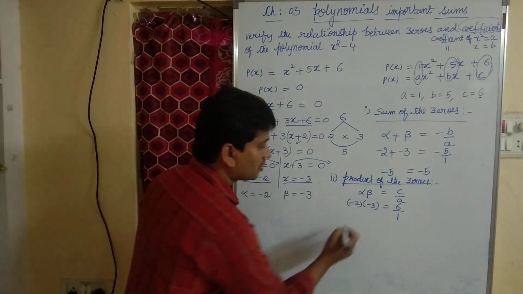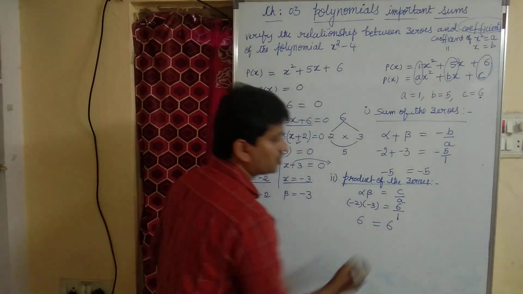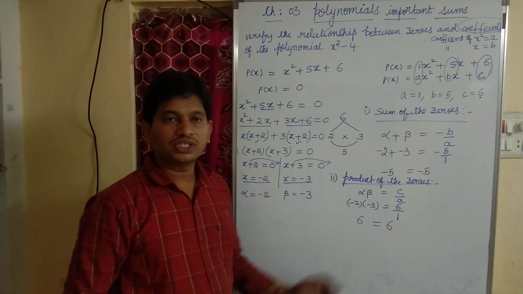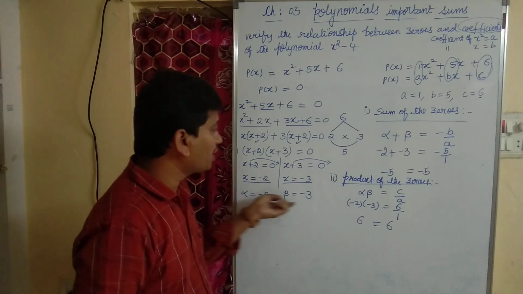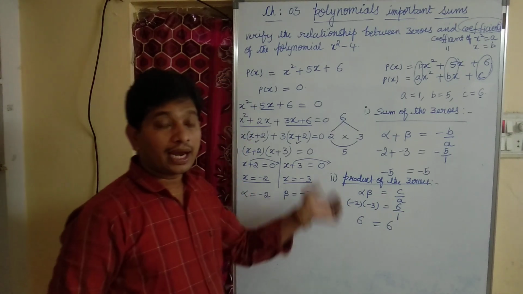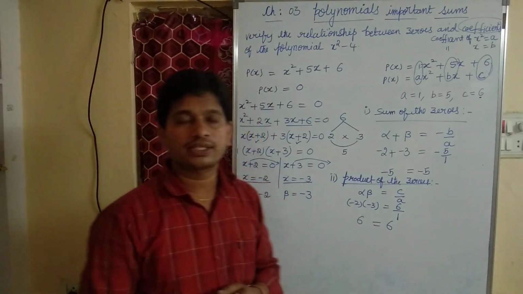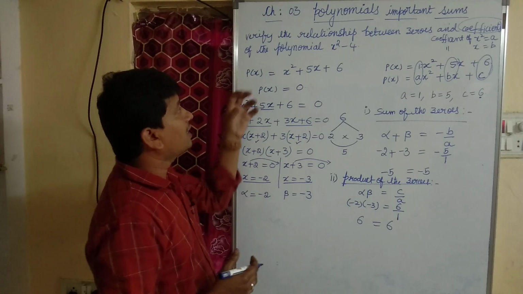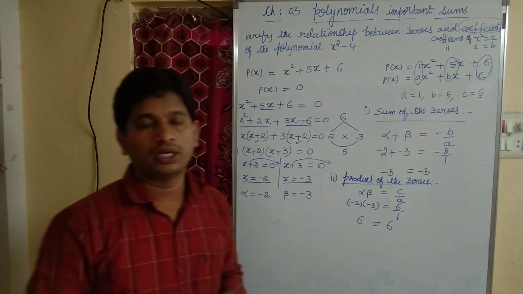Minus into minus is plus, 2 threes are 6, which is equal to 6. So this is our second relationship, the product of the zeros. When we multiply the two zeros, we got 6, and we verified using the coefficients also, we got 6. So that is our relationship between zeros and coefficients of the polynomial.